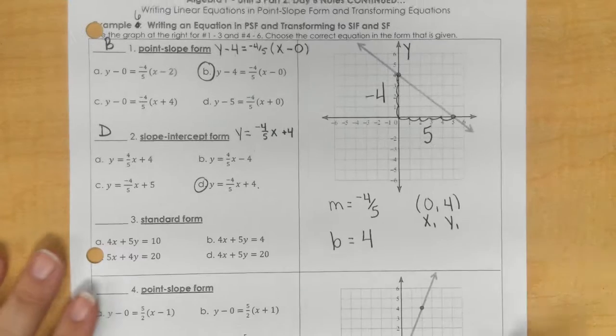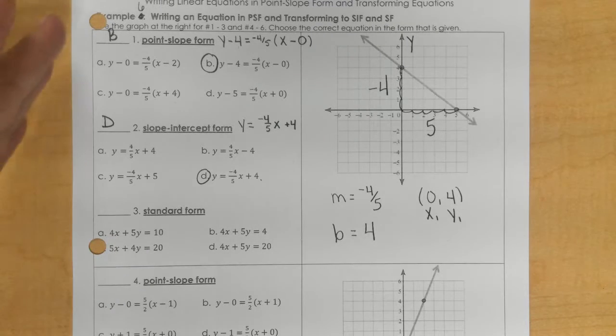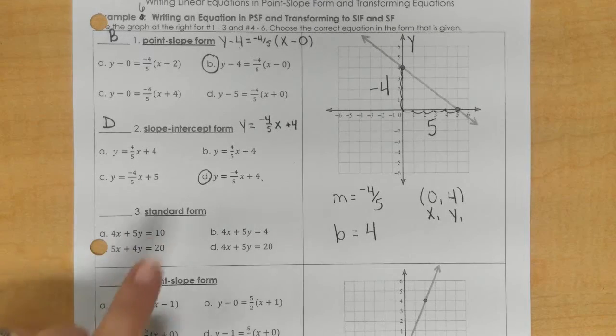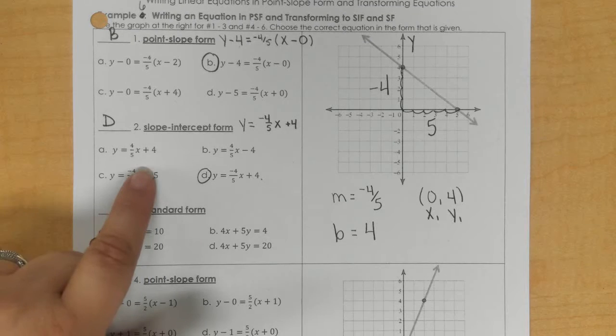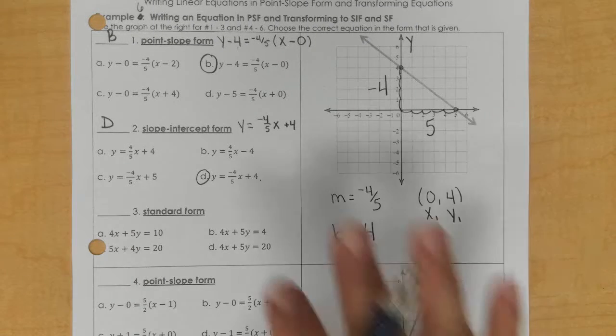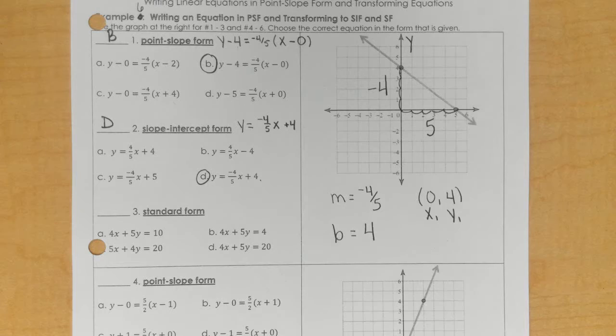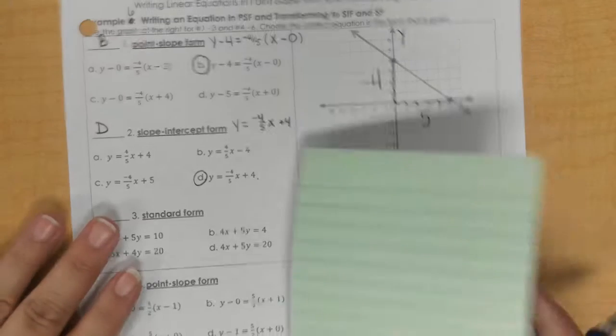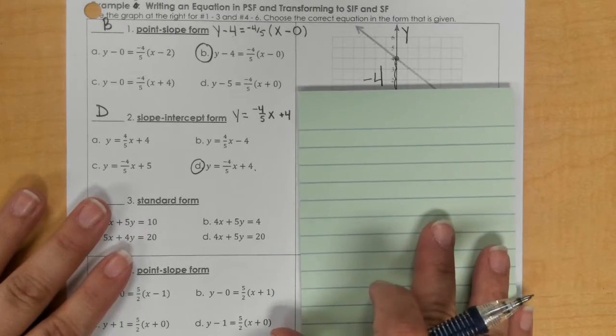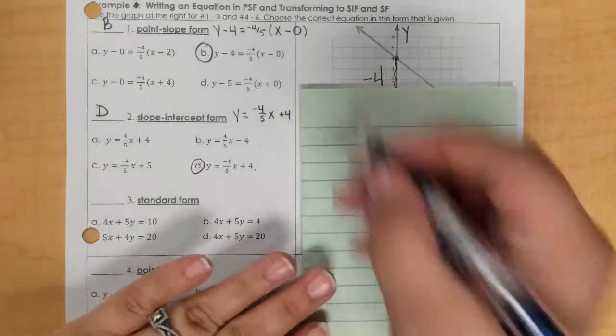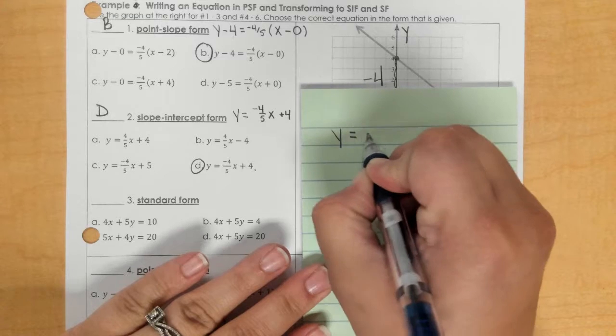Now, to go from 1 and 2 to 3, we have to use standard form. We can write it on here, but I think it would get somewhat messy, so I'm going to write it on here. First thing is we take our answer for slope-intercept form.